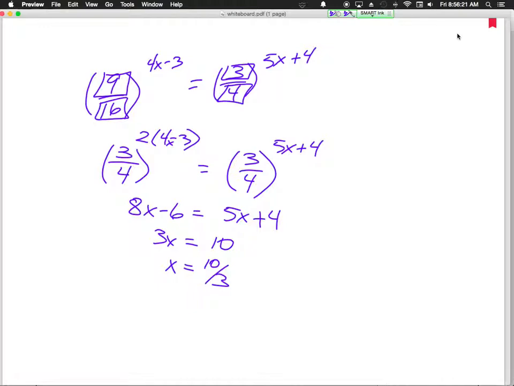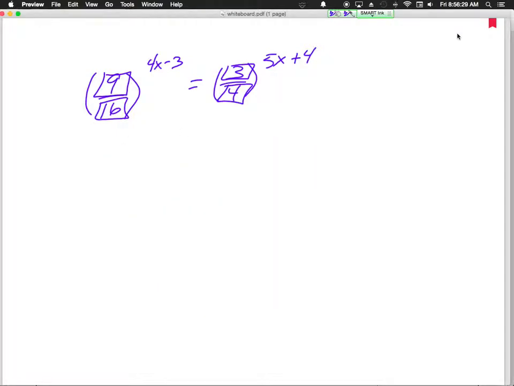Now, there's going to be one in your assignment today, and instead of getting this, it will give you something like 16 over 9, 4x minus 3 equals 3 over 4, 5x plus 4. Any thoughts about that?